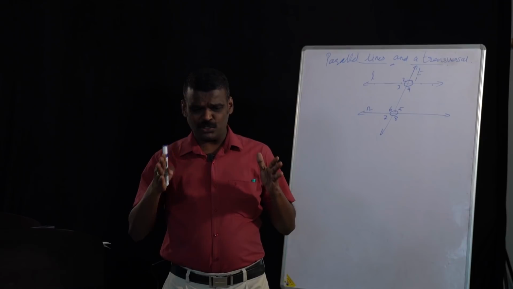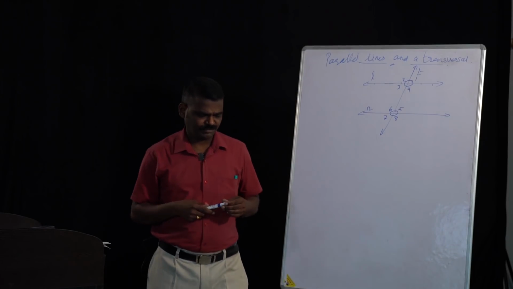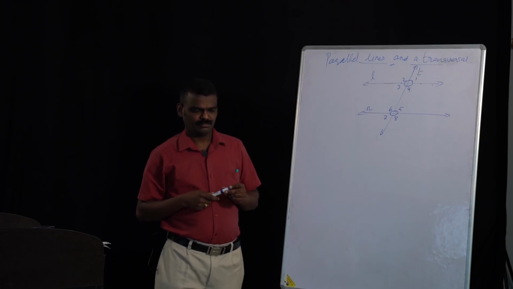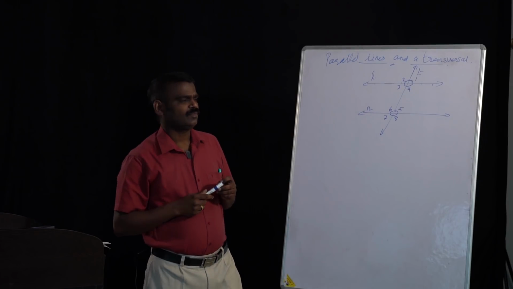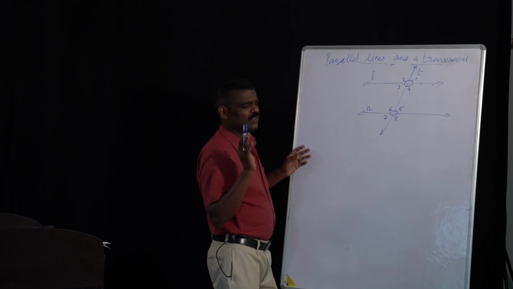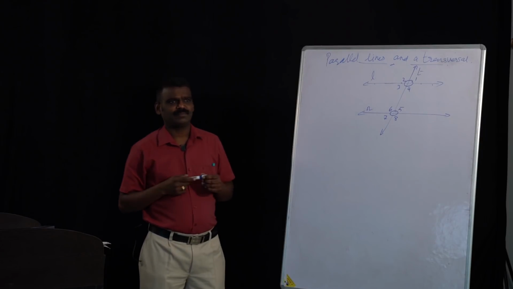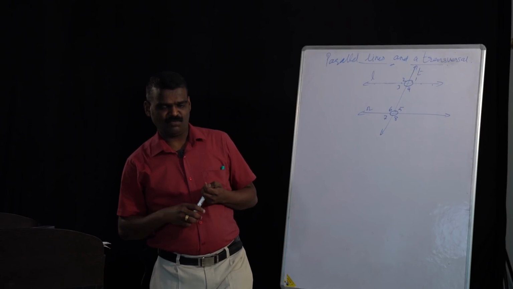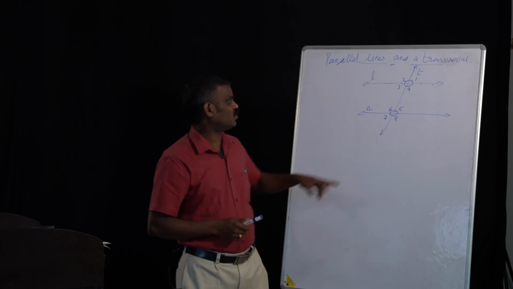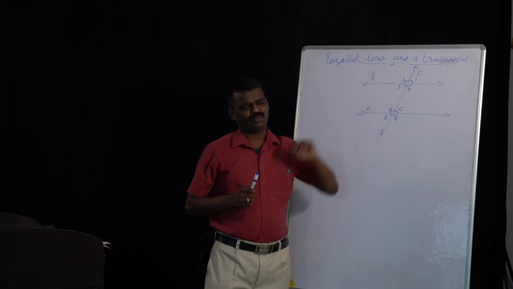Suppose there is a dispute between the two families. There is a fight between the two families. Family number 1, the first boy, the eldest one. Who is the eldest one? Angle 1.